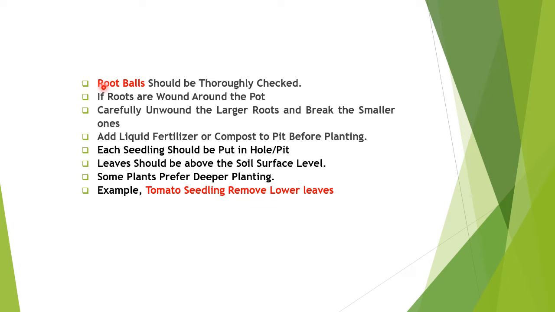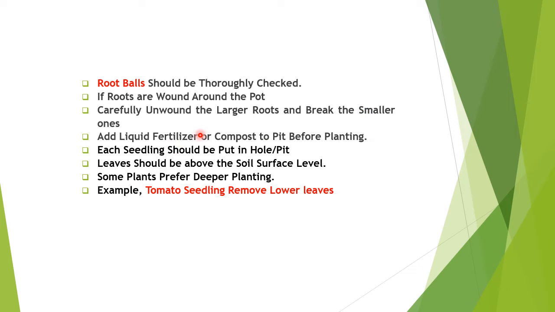And then the root balls should be thoroughly checked. When you are taking out the seedling, you should check its root ball. If roots are wound around the pot, carefully unwind the large roots and break the smaller ones.